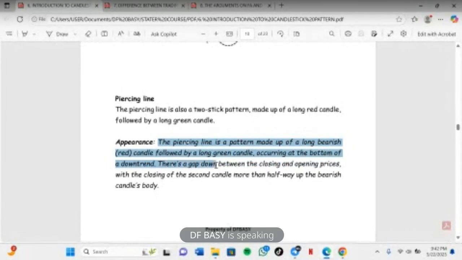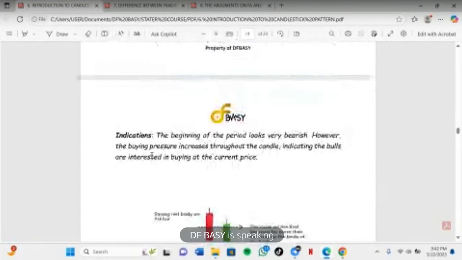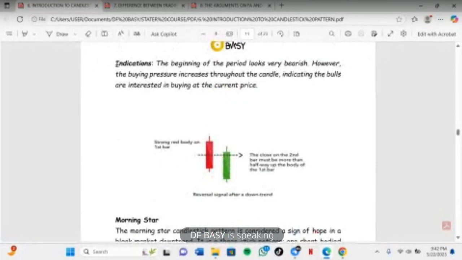There is a gap down between the close and the opening prices, with the close of the second candle more than halfway up the bearish candle's body, right?